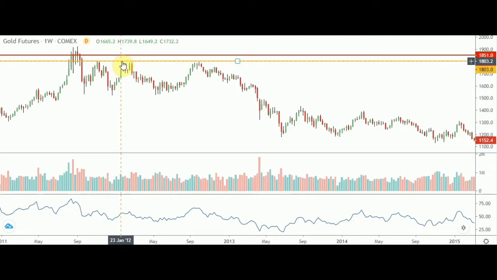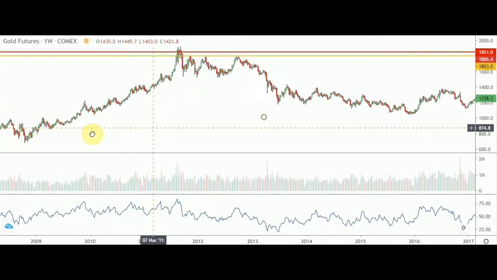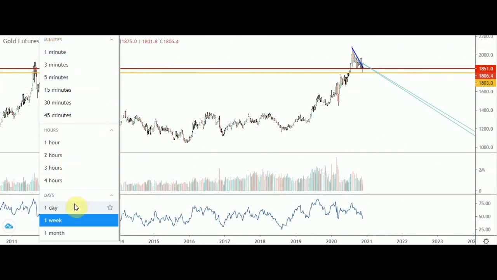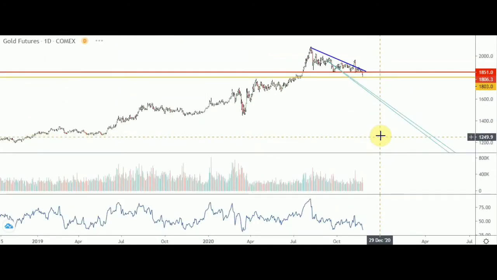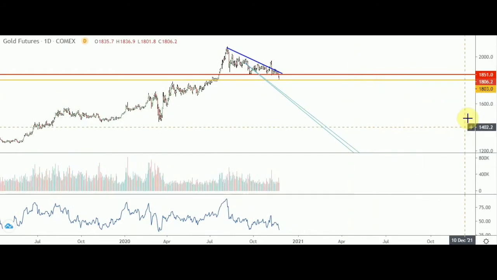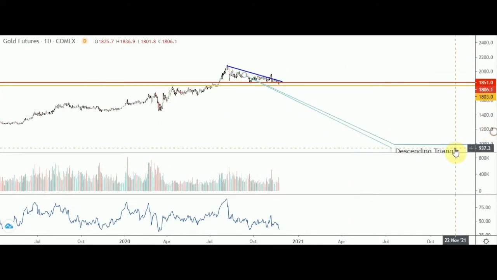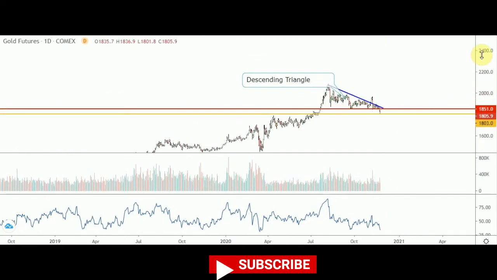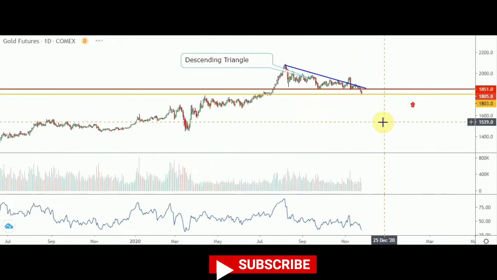Clear? Now let me zoom out and change the periodicity to daily. Here I would like to show you this descending triangle. Let me explain this descending triangle in daily.